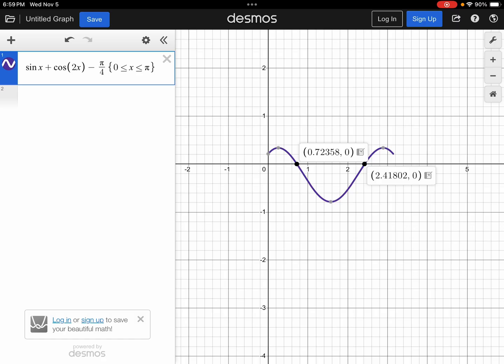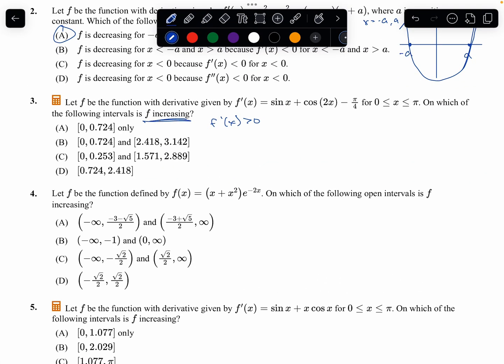So I see between x equals 0 and x equals 0.724, and between 2.418 and to the end of the interval, so I guess to pi. And which one does that match up with? I think it's B. I think those were the numbers that I saw.